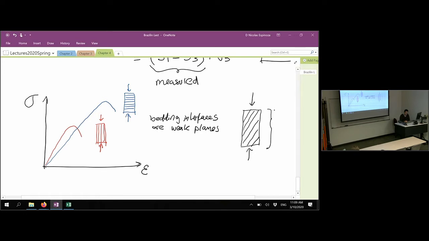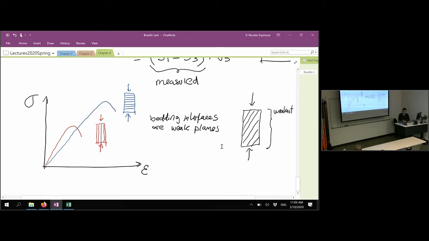Why? Because the interfaces are aligned with the plane in which I'm going to have the maximum shear stress to normal stress ratio. Do you remember that for the Mohr circle, there is a characteristic angle at which we have failure, and it's not at 45 degrees, it is a little bit more than 45 degrees.